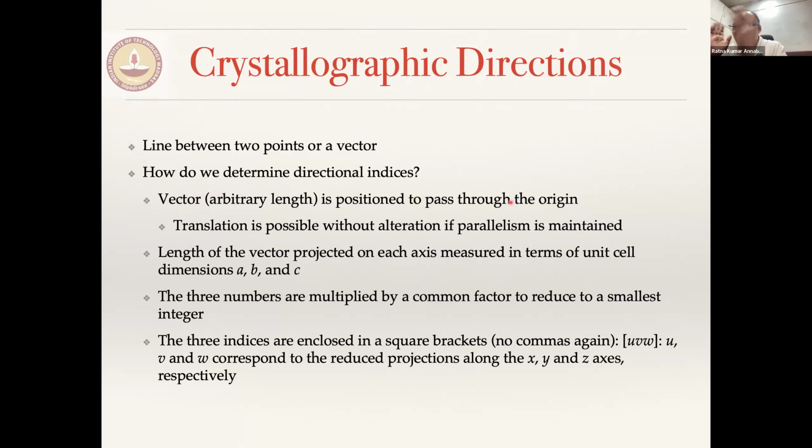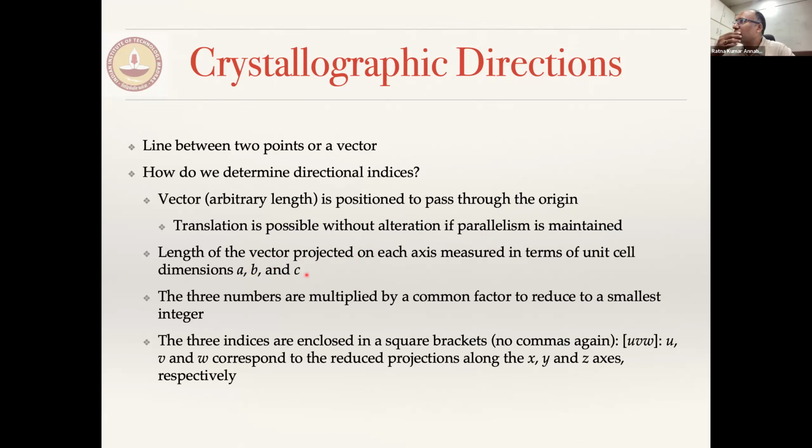Then, once the tail is attached to the origin by translating it, you need to find the length of the projections of the vector on each of the coordinate axes. Projection onto the x-axis is A, onto the y-axis is B, and onto the z-axis is C. These projections need not be integers; they could be fractional.